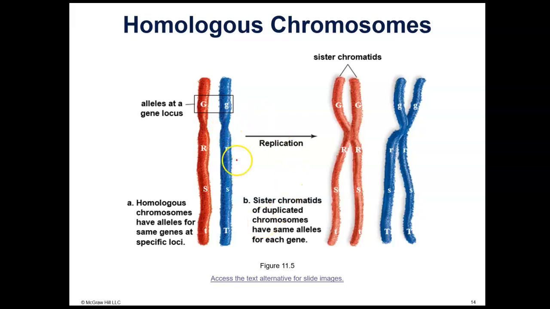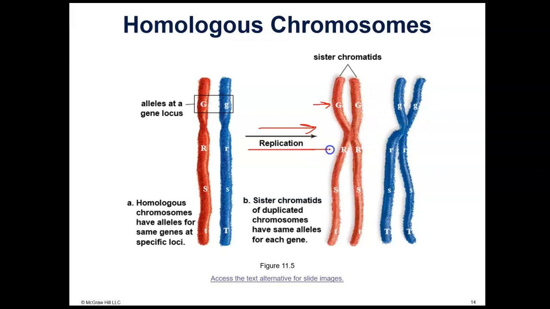And this shows you homologous chromosomes, and look, after replication, they're now duplicated chromosomes. So the red chromosome we'll just say is from the mom or from the egg, and the blue is from the sperm. And the red chromosome has, for this trait up here at the top, is going to be represented by G. The dominant allele is big G, and the recessive allele is little g.